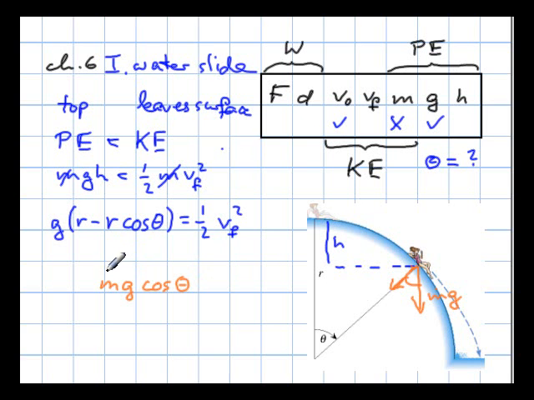So this one here is the centripetal force supplied by the weight, and that equals mass times acceleration, and for centripetal force, that is centripetal acceleration, that is v squared over r respectively. Of course, we're looking here at vf.